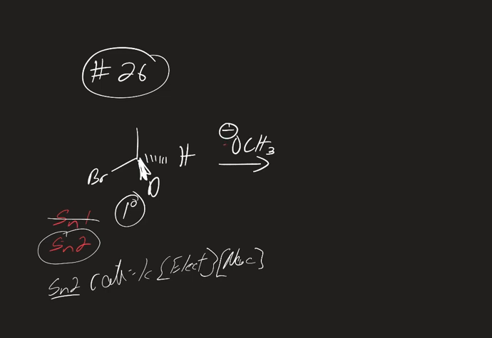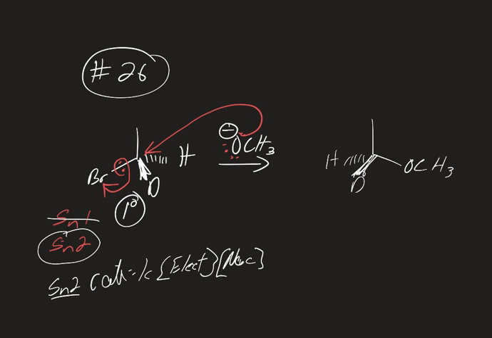All right, so what's going to happen here? Drawing some lone pairs. We're going to go to this carbon. And notice how we came 180 degrees away, because that's where sigma star is. Came 180 degrees away. Do that SN2 reaction. Remember, we get inversion. I'm not sure if this is R or S. It doesn't really matter.